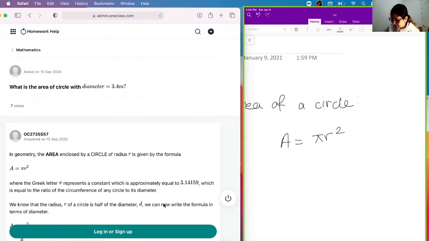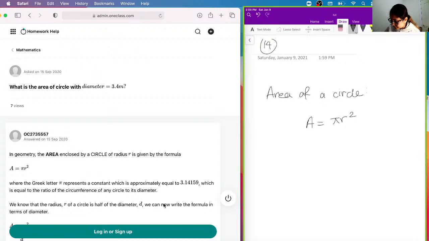So r is your radius, right? And we know that the radius is basically half of the diameter.